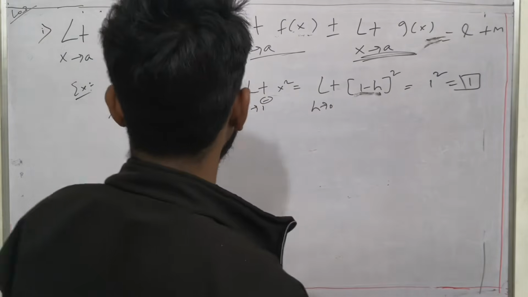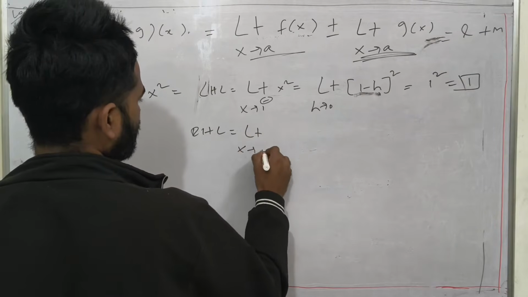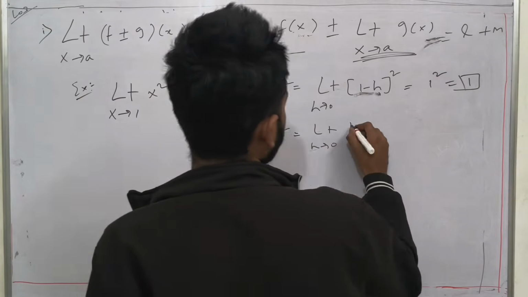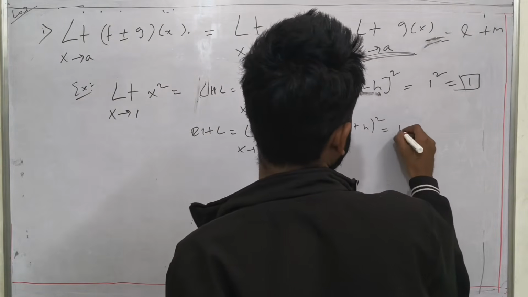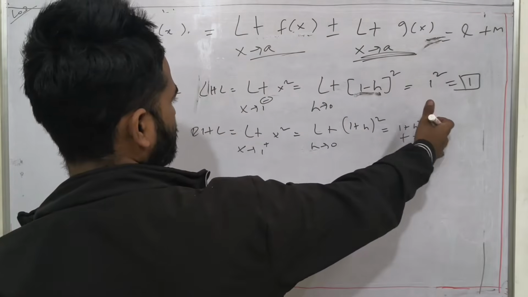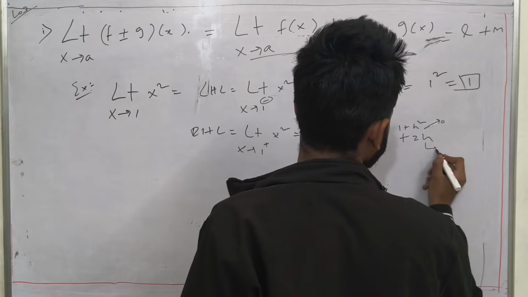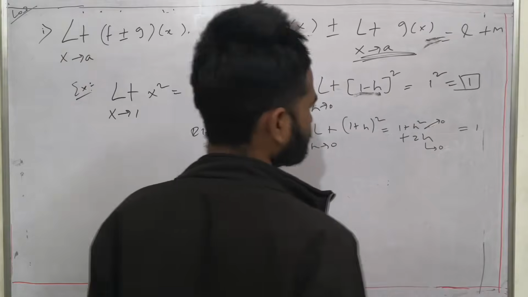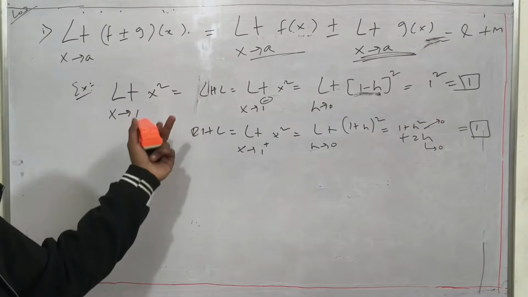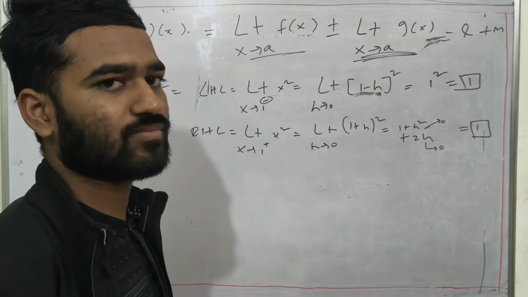Similarly, right hand limit, limit x tends to 1 plus x square equals limit h tends to 0 of 1 plus h whole square equals 1 plus h square plus 2h. Since h is tending to 0, this tends to 0, this tends to 0, and it equals 1. Left hand limit of x square we got 1, and right hand limit we got 1.